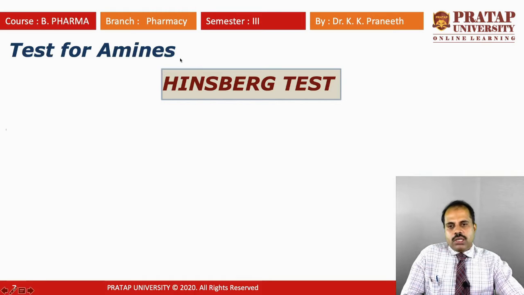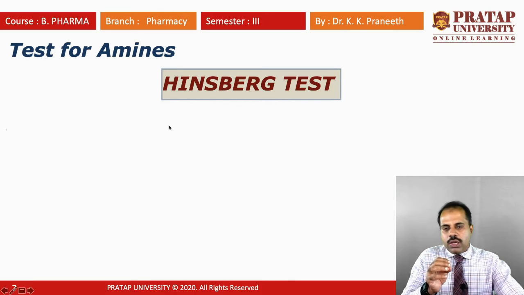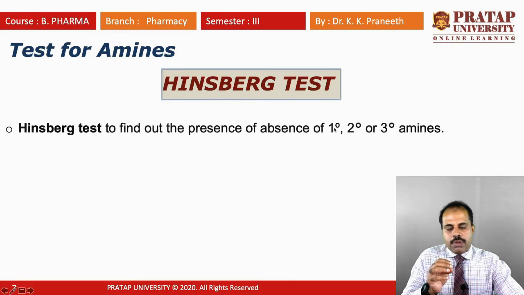So there is an important test to check the presence or absence of amine, the Hinsberg test. Hinsberg is a scientist's name, and this test is used to find out the presence or absence of primary, secondary or tertiary amines.